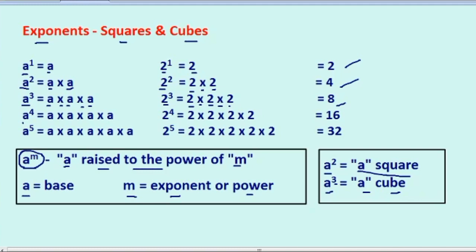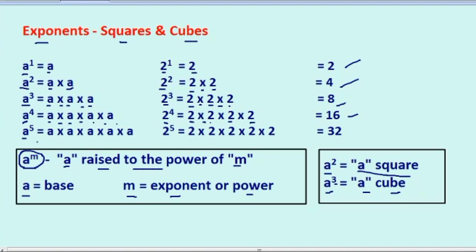If it is a raised to the power of 4, it will be a into a into a into a. So a is multiplied 4 times. 2 raised to the power of 4 will be 2 into 2, which is 4, 4 into 2, 8, 8 into 2, 16.